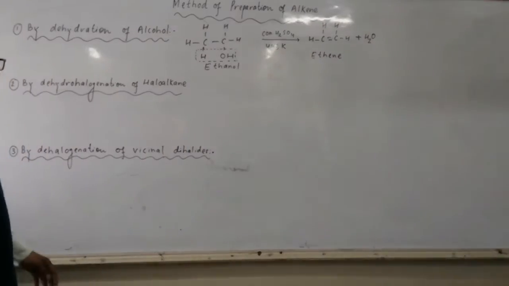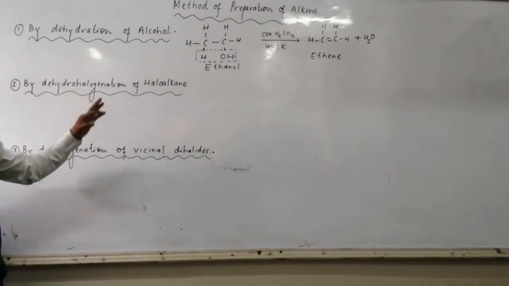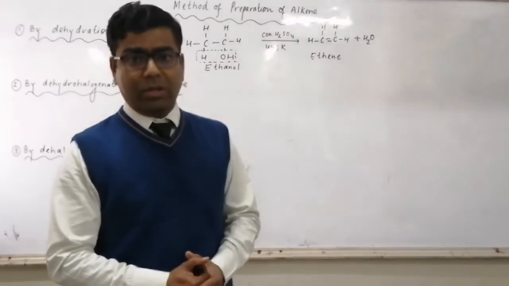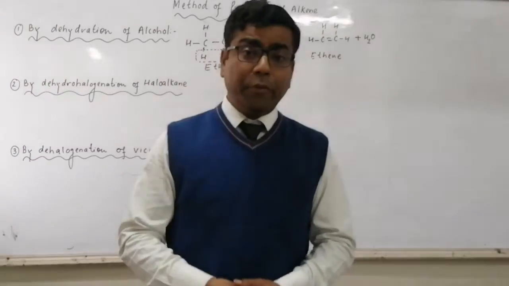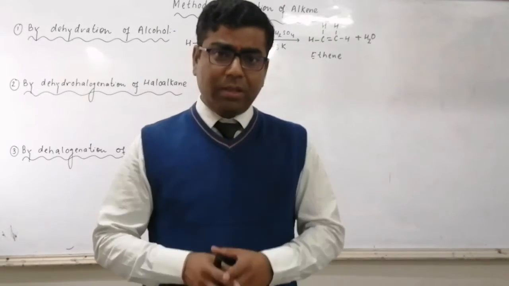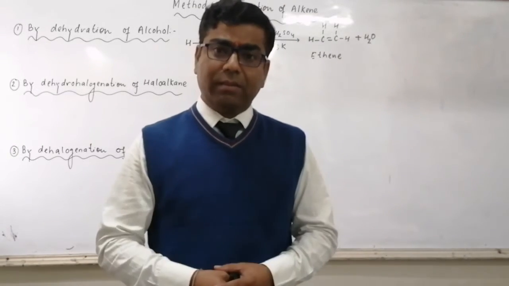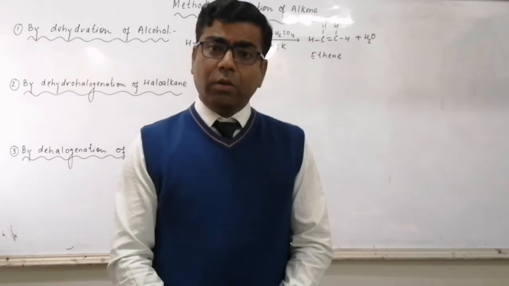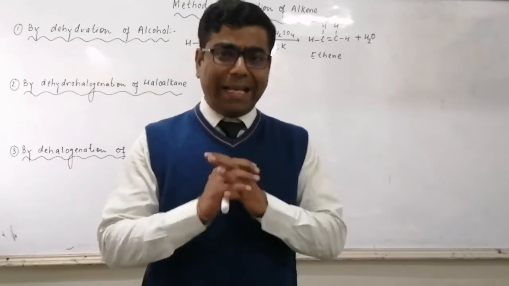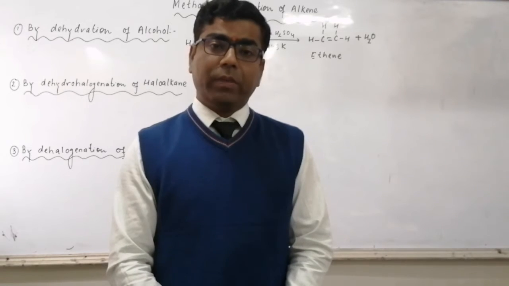Now, the next one is your dehydrohalogenation of haloalkane. Dehydrohalogenation. De stands for removal. Hydro for hydrogen. Halogenation means for X, that is your halogen atom. So here HX molecule will be removed. Hydrogen halide will be removed.